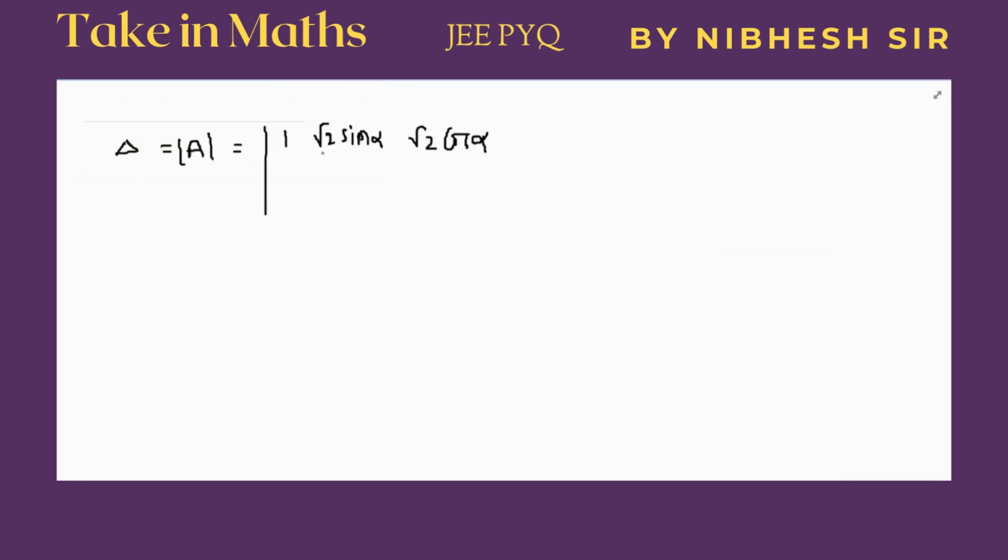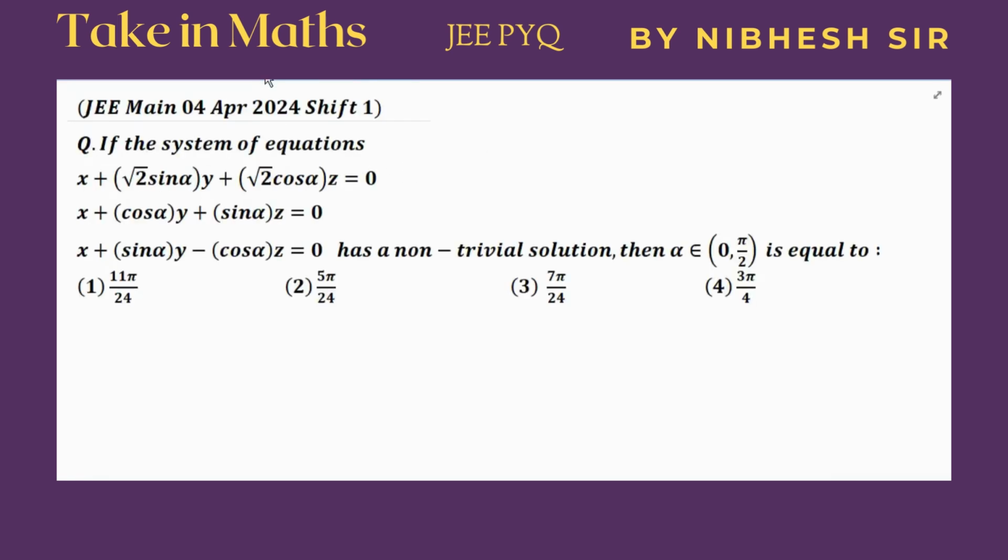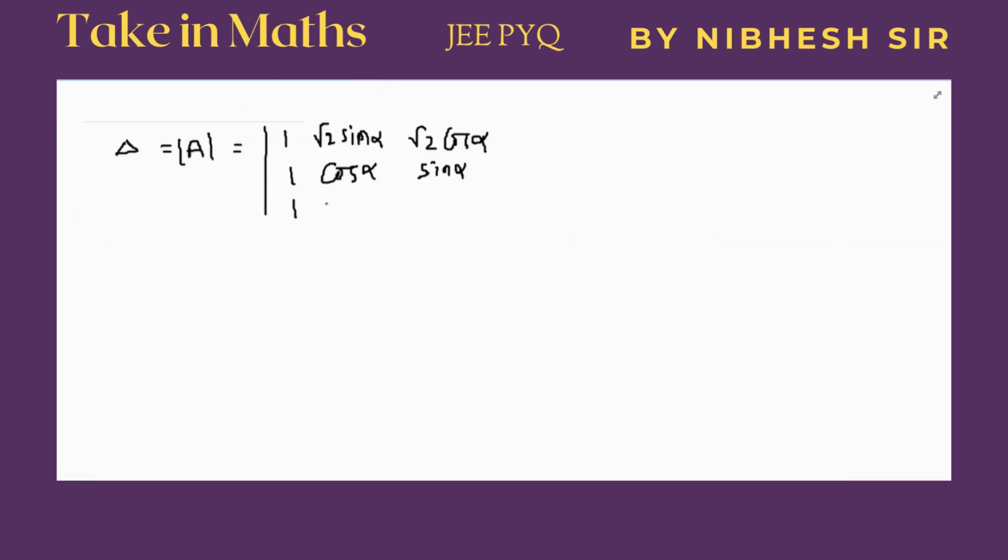And the third row will be 1, sin alpha, minus cos alpha. So this matrix A determinant must be equal to 0 for non-trivial solution.